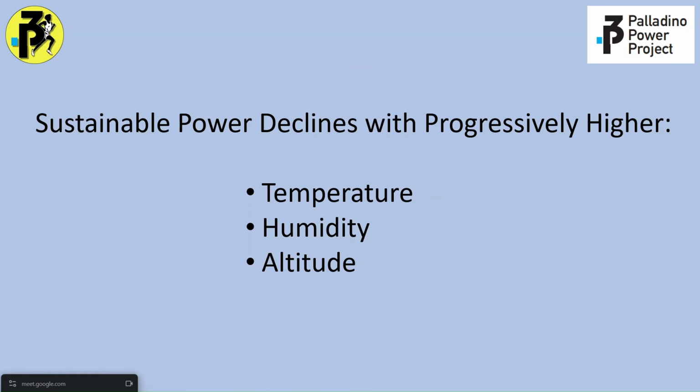And we know this, if we're running the same pace or the same power, it's going to be a higher effort, a harder effort in higher temperatures as opposed to lower temperatures, or higher altitude than lower altitude. So sustainable power declines with progressively higher environmental conditions or less power-friendly conditions.